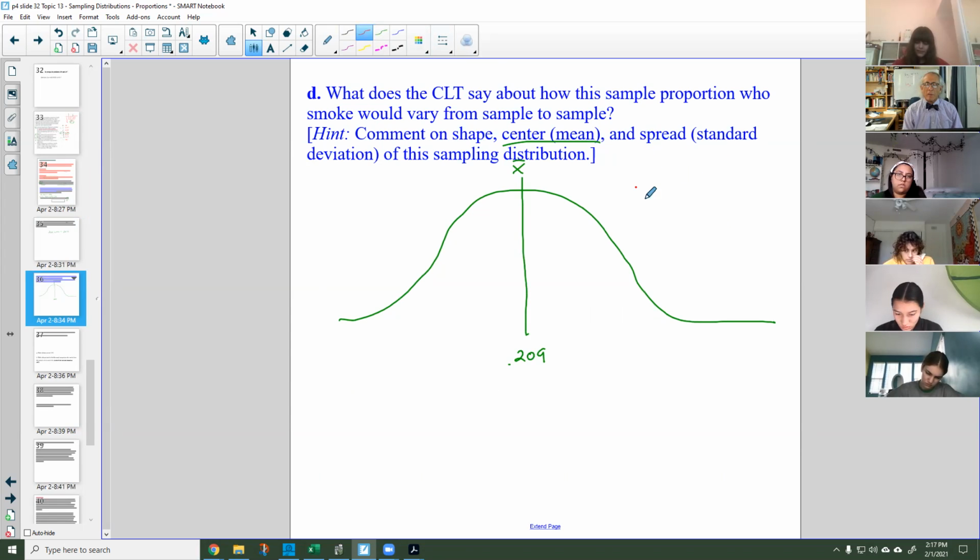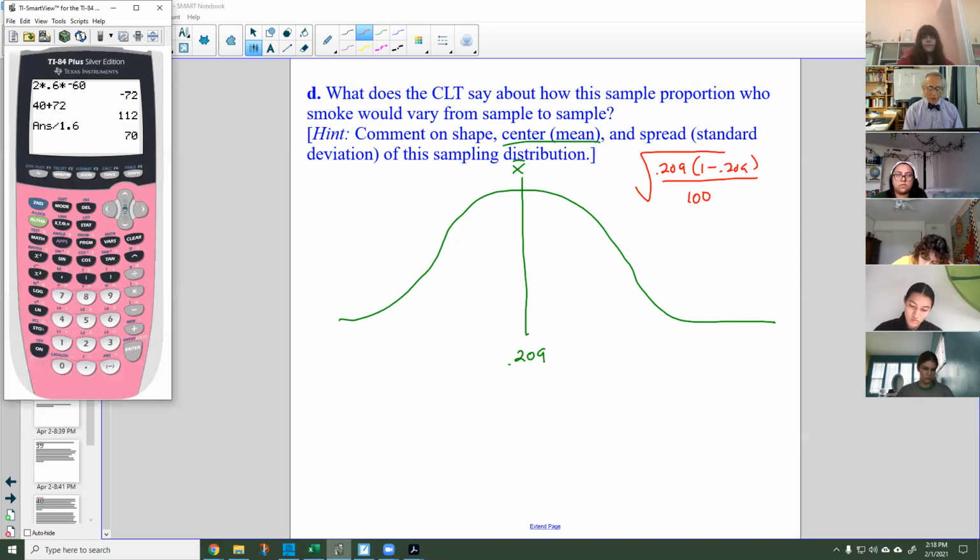So I'm going to take the square root of 0.209 times 1 minus 0.209 divided by n. What's my n? Anybody? 100. And my n is 100. Great. So let's find out what it is.